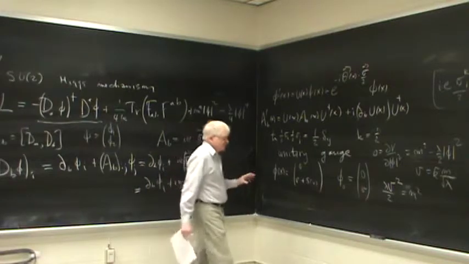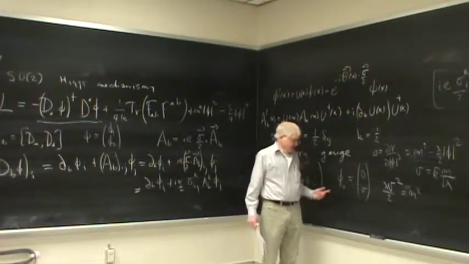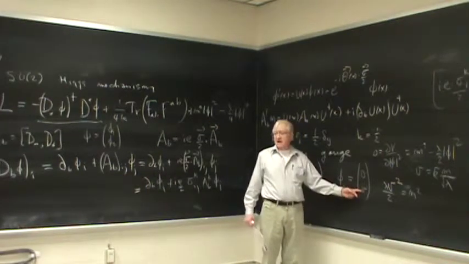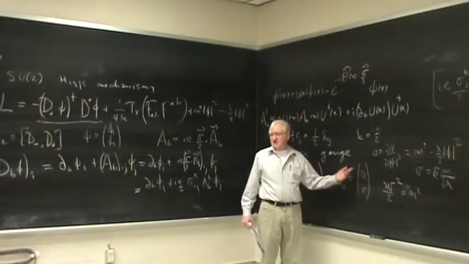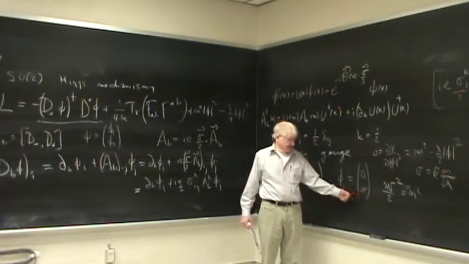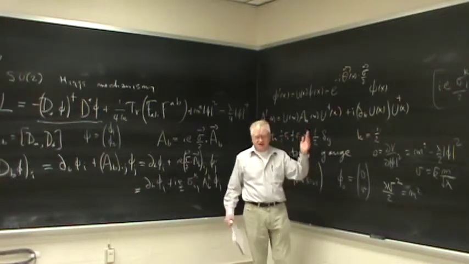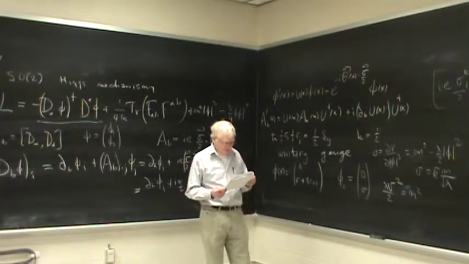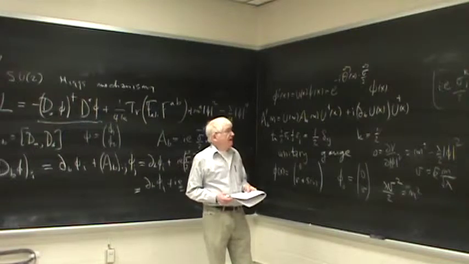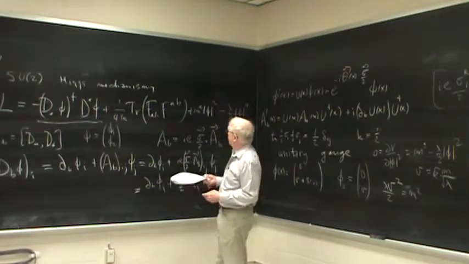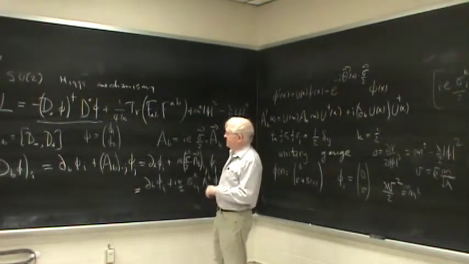Sigma 1 and sigma 2 obviously change this, but even sigma 3, e to the minus i theta sigma 3 acting on this turns this into v e to the minus i theta over 2, depending on where you put the 2.